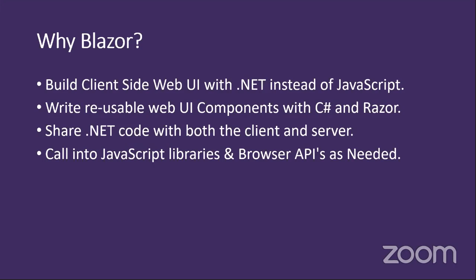And we can write reusable UI components with C# and Razor. If you are not aware of Razor, we will discuss that. And we can share .NET code on both client side and server side. We can even call into JavaScript libraries and browser APIs whenever required.